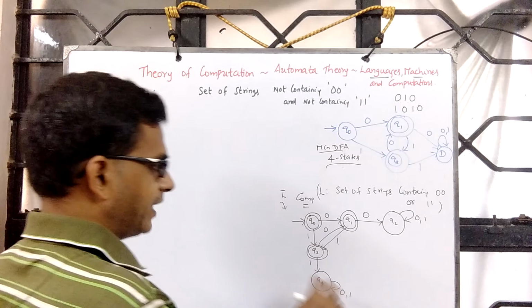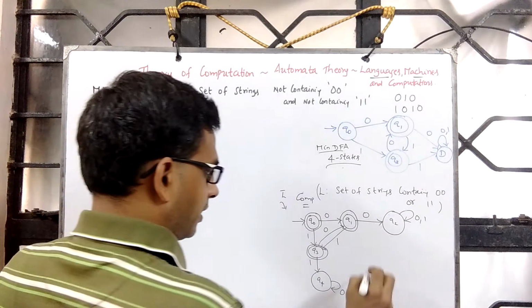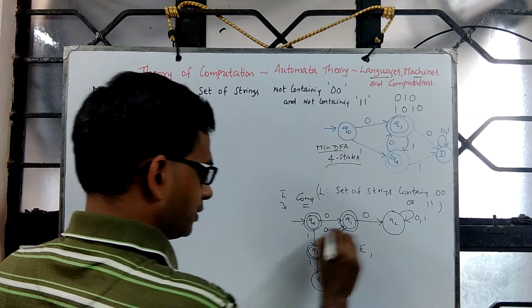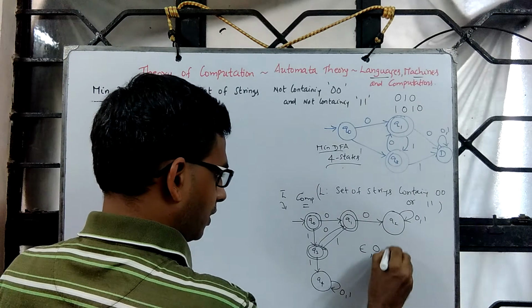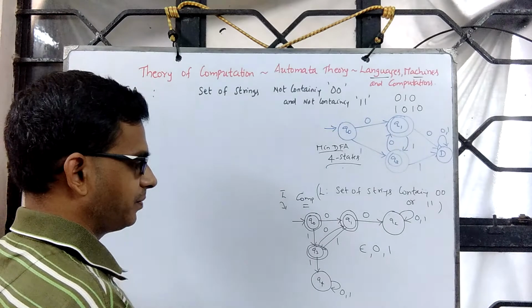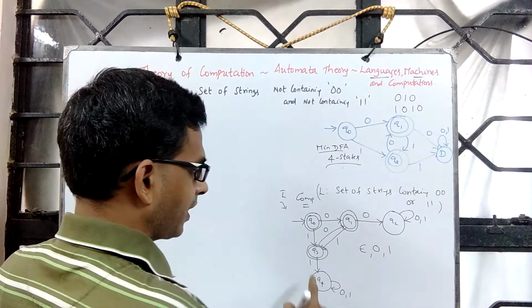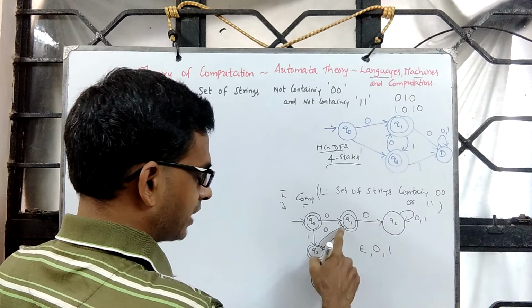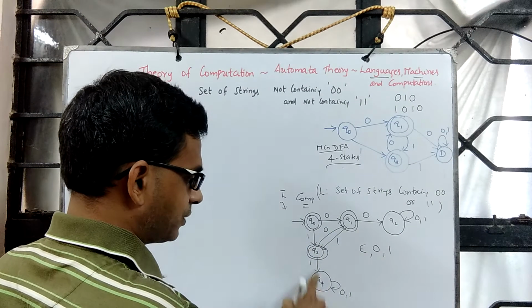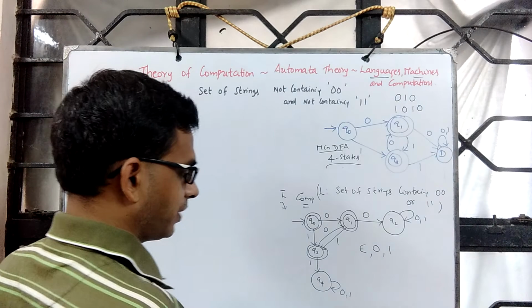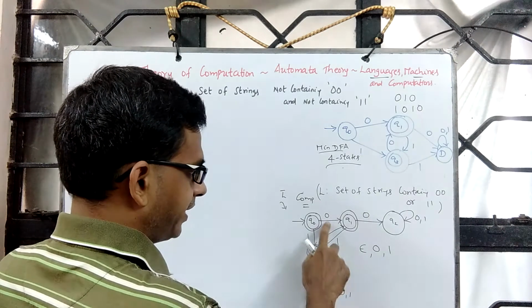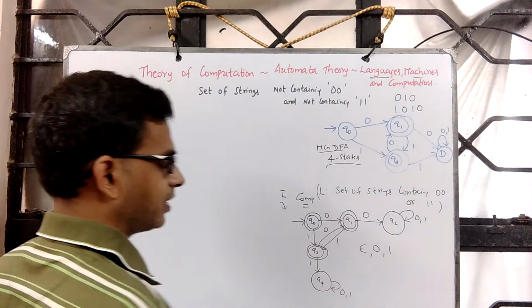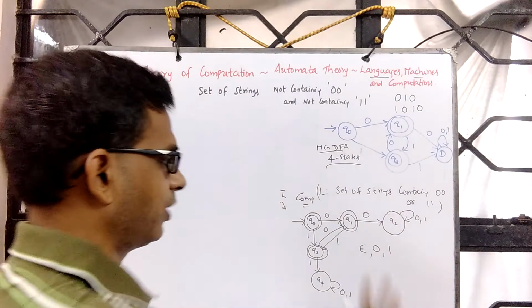Now you see that epsilon is accepted by this, 0 is accepted by this, 1 is accepted by this, and then after reading a 1, 0 is allowed. If you read the next one, we go to a non-final state. Similarly, after a 0, 1 is allowed, and if you read another 0, then we go to a non-final state.